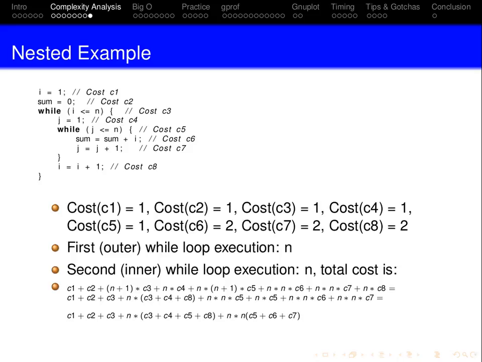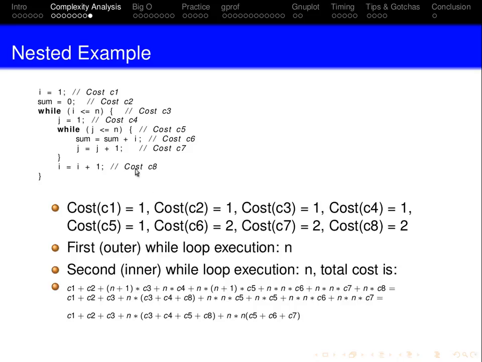I'll try and explain this formula once, and you'll probably glaze over, and that's perfectly fine. So C1 plus C2, those get executed once. C3 gets executed n plus 1 times. Plus n times C4, because that's how many times C4 gets executed. C5 is going to be executed n times in the body times n plus 1, which is how often that's executed, times C5, plus n times n of C6, plus n times C7, plus n times C8.